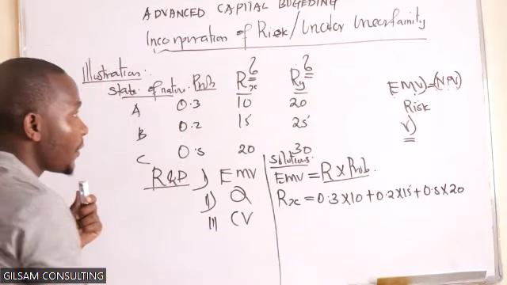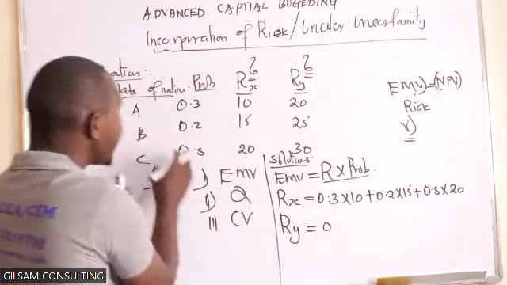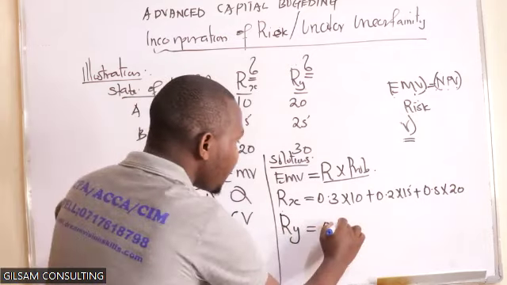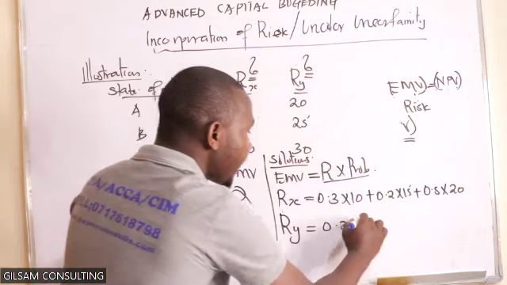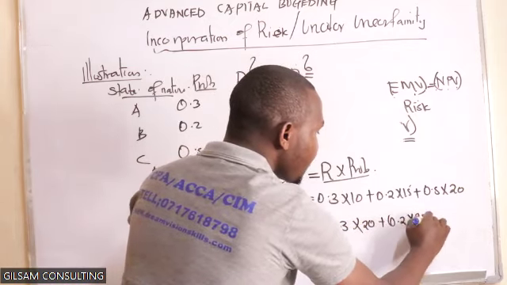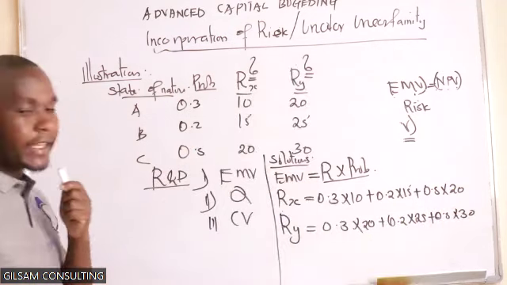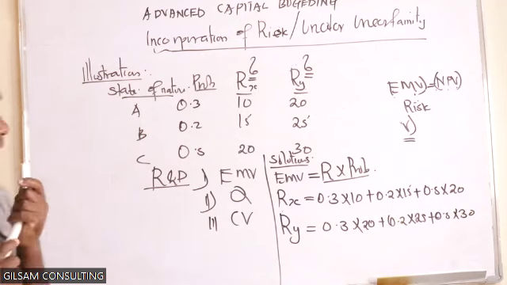And for Y, the probabilities will be the same: 0.3 times the return 20 plus 0.2 times 25 plus 0.5 times 30. That will give us the expected monetary value.